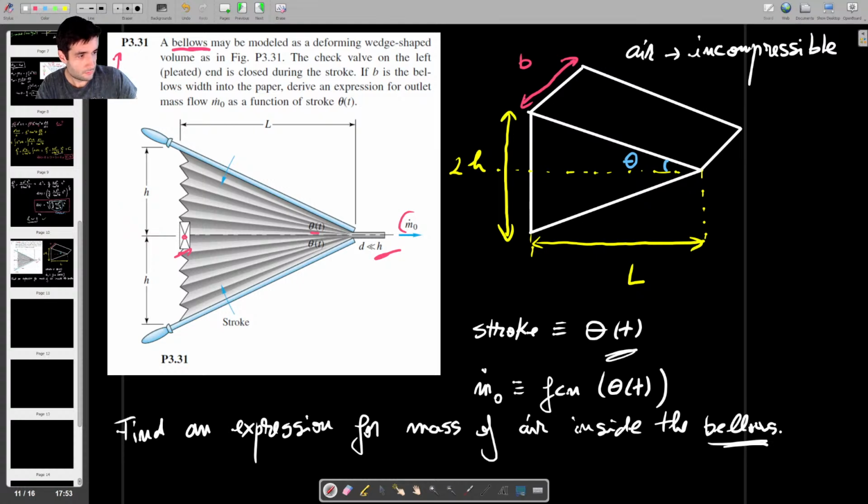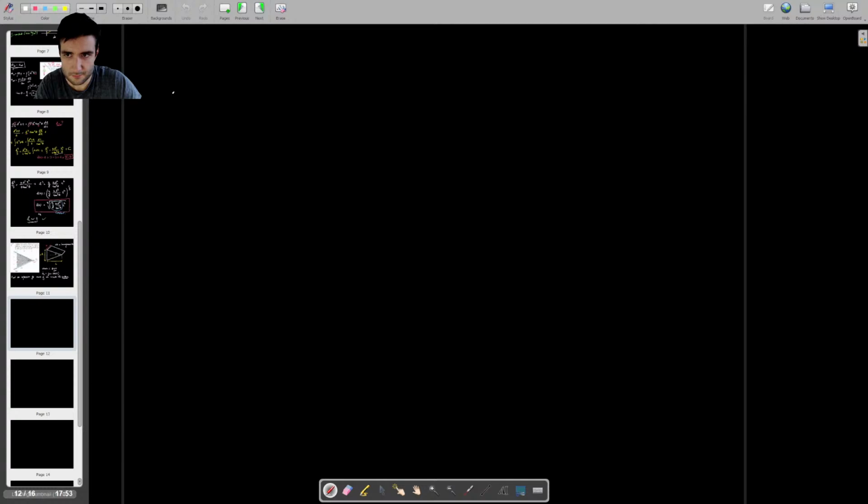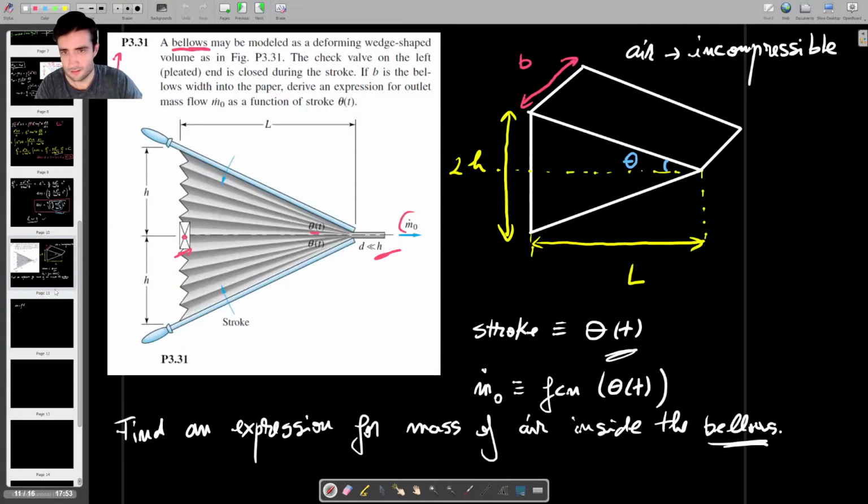So keep that in mind. We're gonna treat the air as incompressible, and what we do in that regard is just find the mass of air inside the shape. So to do that, I'm gonna say that the mass is equal to the density times the volume. That's pretty standard.